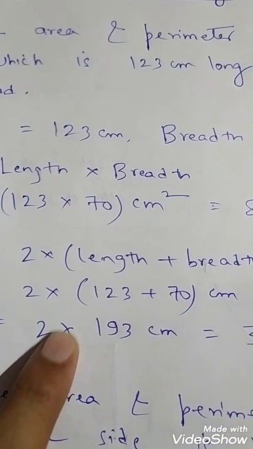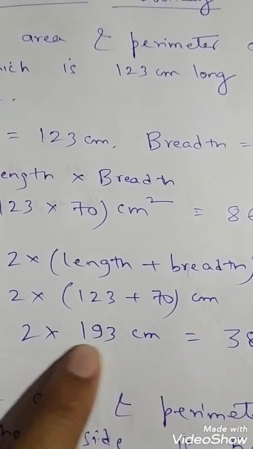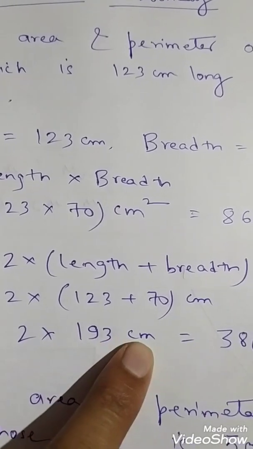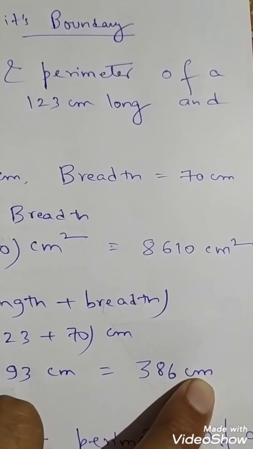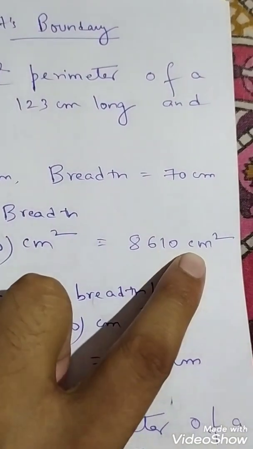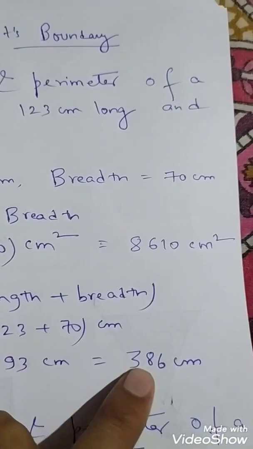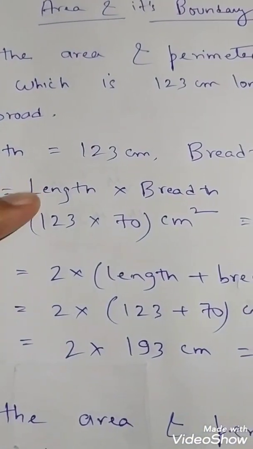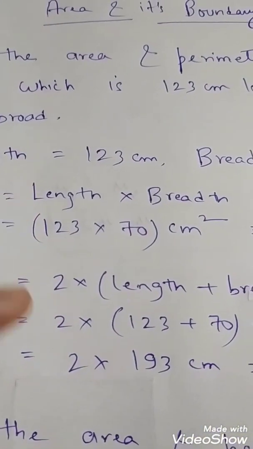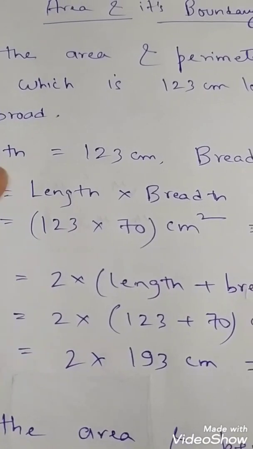If you add 123 and 70, it comes to 193. So 2 into 193 cm is 386 cm. So area is 8610 cm square and perimeter is 386 cm. You already learned these two formulas in class 4, so no need to memorize them. You already know these formulas.